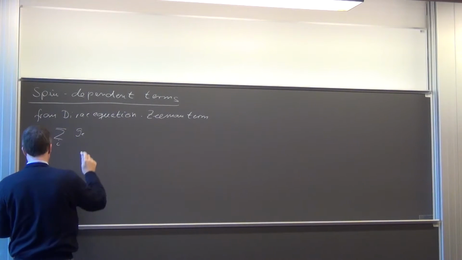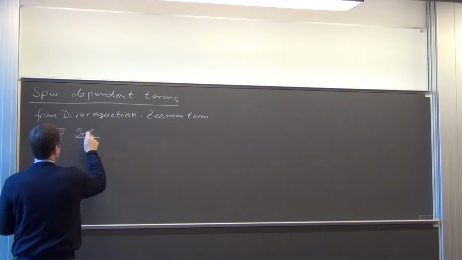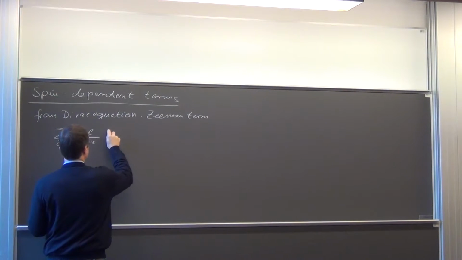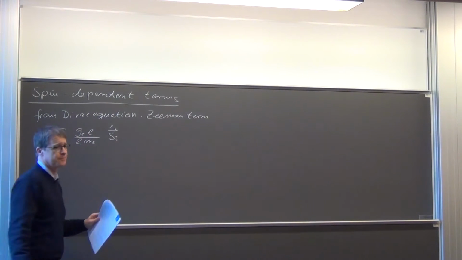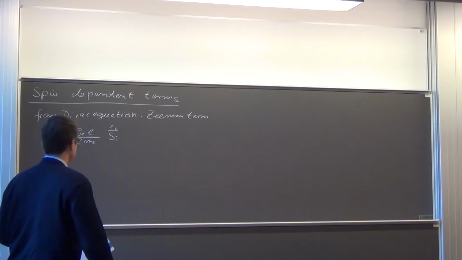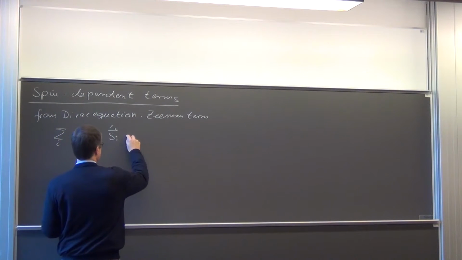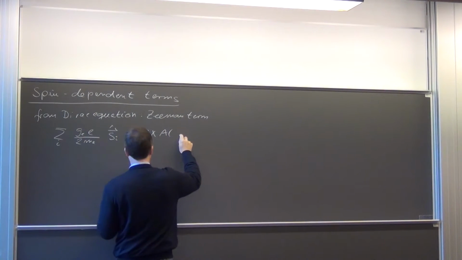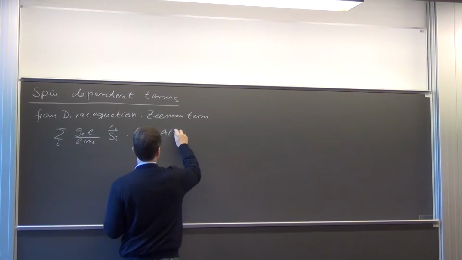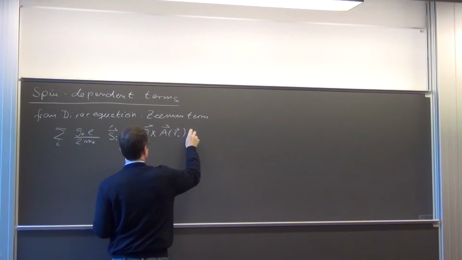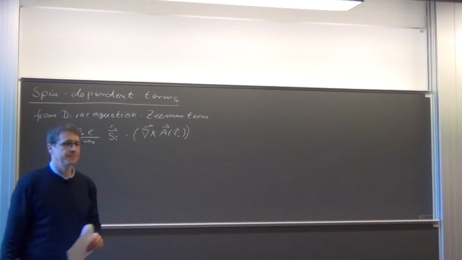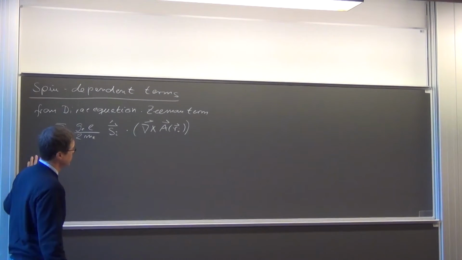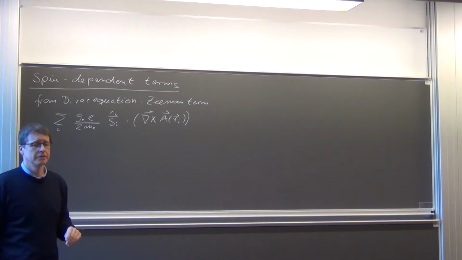Now we have the electronic g factor, the elementary charge, 2 times the mass of the electron. And now we have the spin operator of the electron, which is a vector, like the angular momentum operator, and then times the curl of whatever vector potential you have at the position of that electron. Like this. So that is what you can derive from the Dirac equation.